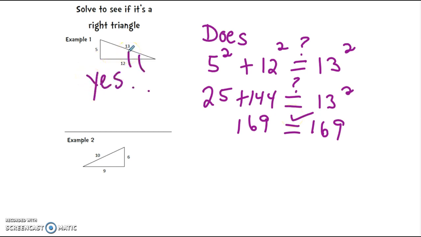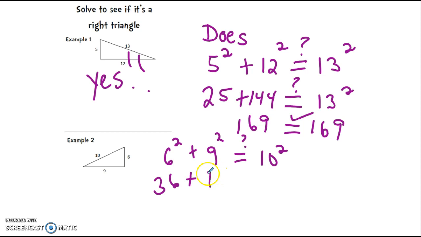Okay. Let's go to the next one. So we're saying, does the length of 6 units and 9 units and 10 units, will that form a right triangle? So you're asking yourself again, does 6 squared plus 9 squared equal 10 squared? That's a question mark. 6 squared is 36. 9 squared is 81. And when I add them together, I get 117.